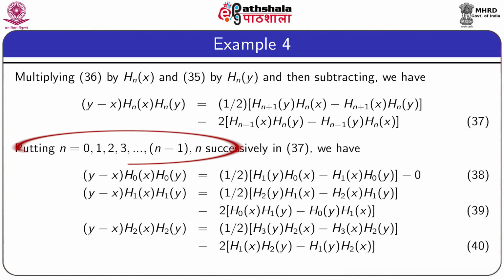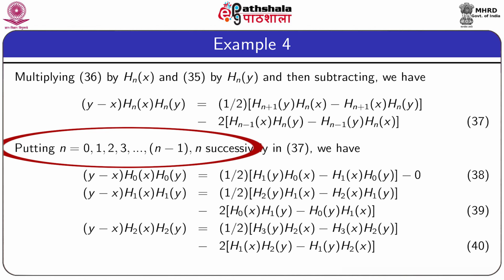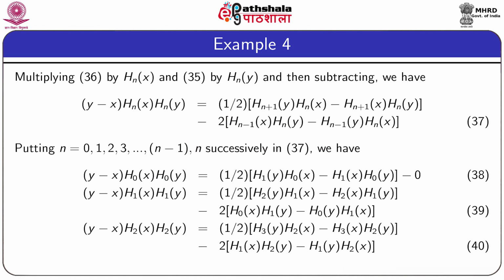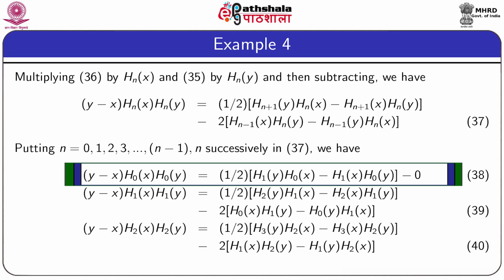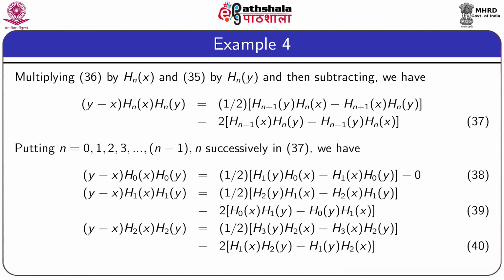Next, we put n equal to 0, 1, 2, up to n successively in equation 37, and we will get (y minus x) H_0(x) H_0(y) equal to half of [H_1(y) H_0(x) minus H_1(x) H_0(y)] minus 0, given by equation 38.